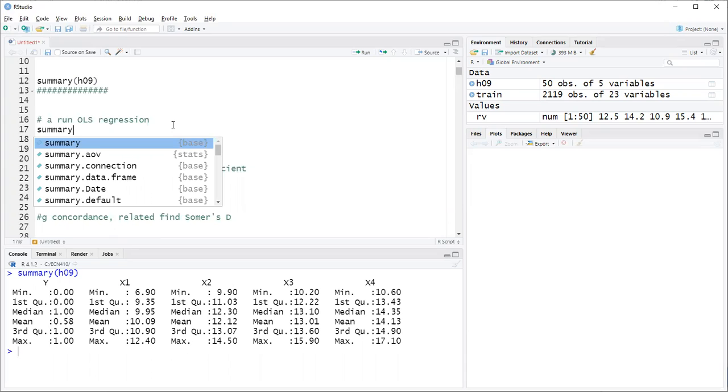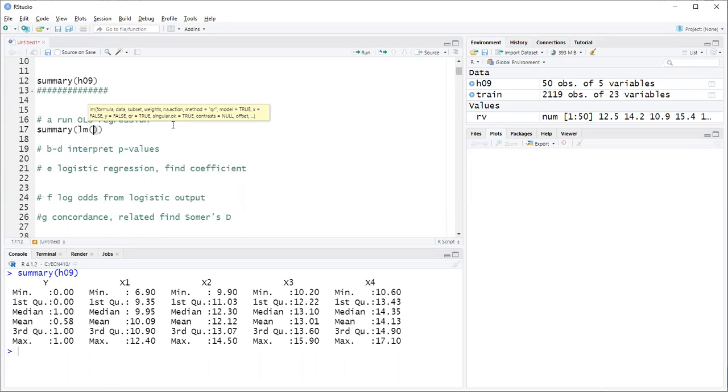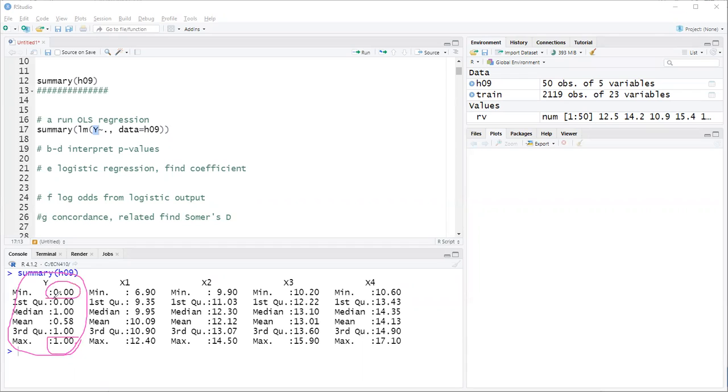And I'm going to just do summary of lm. I'm going to do y as the dependent variable and regress it on all the other variables. Data is H09. And just to pause for a moment on this y as the dependent variable, if you look down at the summary, and you can see the 5-number summary here for y, you might notice that the max is 1, the min is 0.